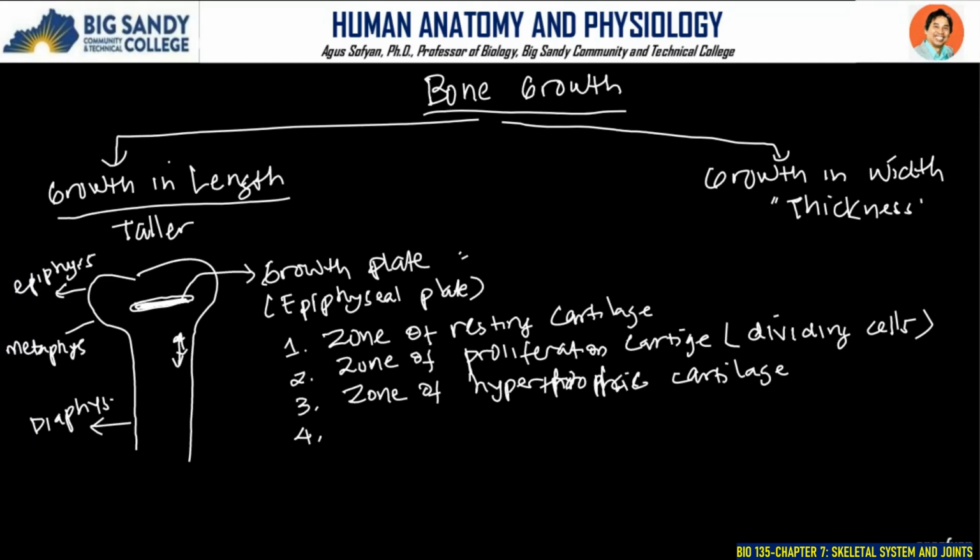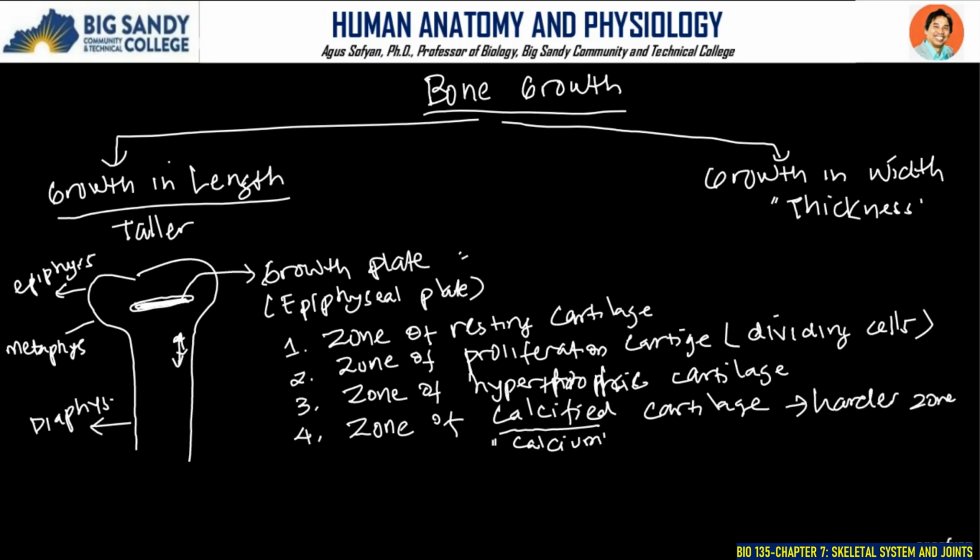So the shaft become longer and longer. So that zone that really close to the shaft area is called the zone of calcified cartilage. Okay? So this zone will have a lot of calcium deposit on it. Okay? So it's become harder. So this is the harder zone. And later the harder zone become part of the diaphysis and the bones become longer. This is how the bones growing in length.